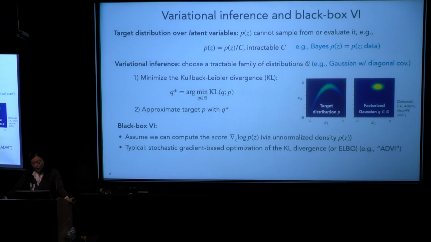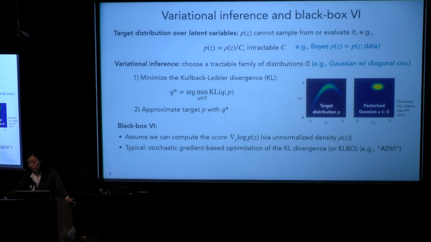So in black box VI, we typically don't want to make assumptions about the target distribution other than, for instance, that we can compute the score. This is the gradient of the log of the target, which is usually available to us through the unnormalized density rho of z. What is most commonly done nowadays is stochastic gradient-based optimization of this KL divergence, also known as the ELBO.